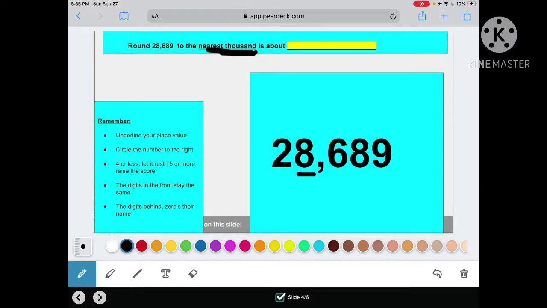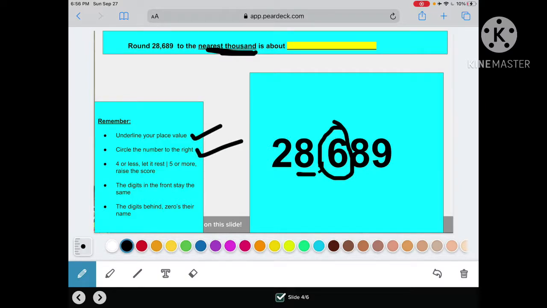Yeah, I'm going to underline that 8 because that 8 is in the thousands place. Check off that step. Next step, circle the number to the right. What number is to the right of my 8? Fantastic job. Yeah, my 6. So I'm going to circle my 6 and then cross off that step.